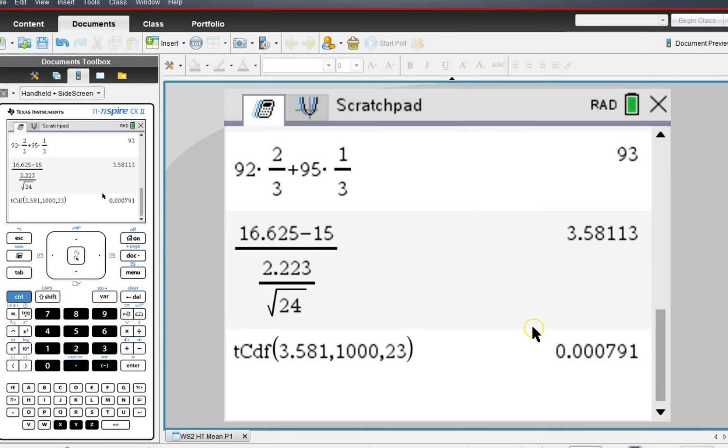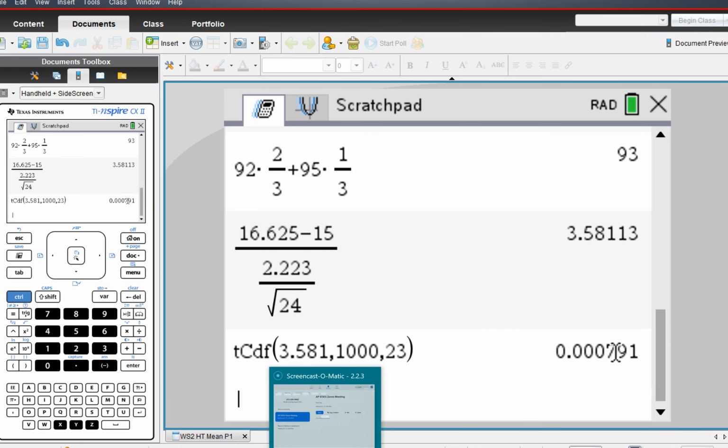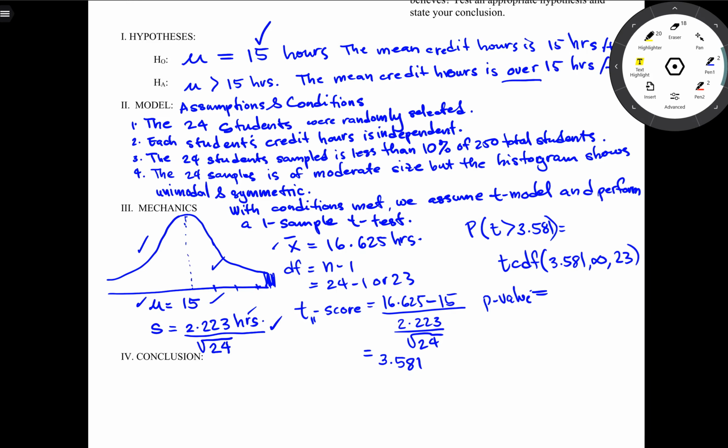Hit OK. So our p-value is 0.0008. Let's write that. P-value is 0.0008. That's very small.